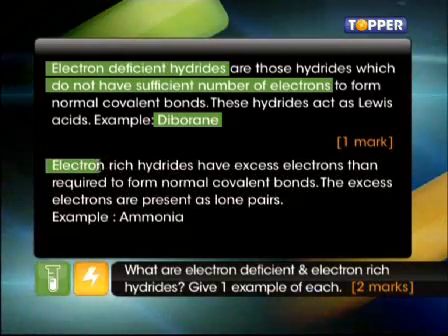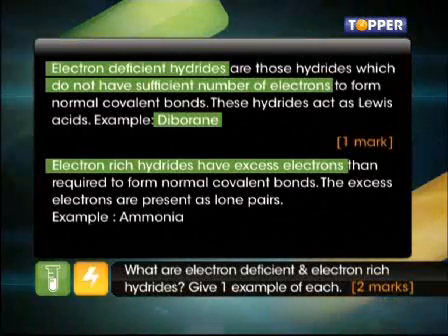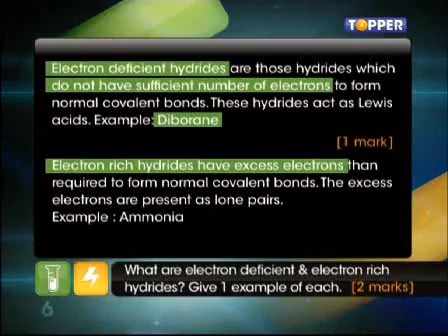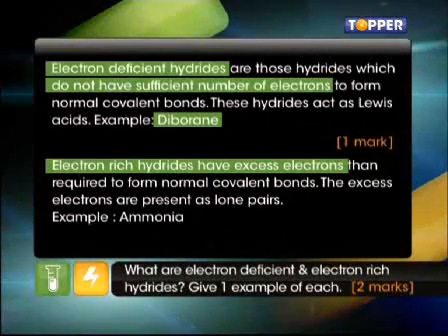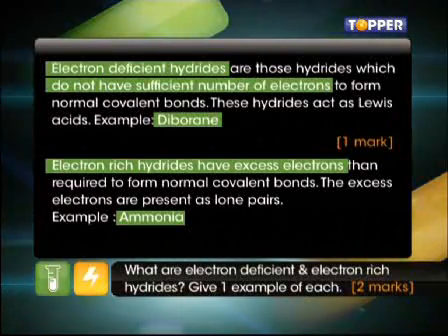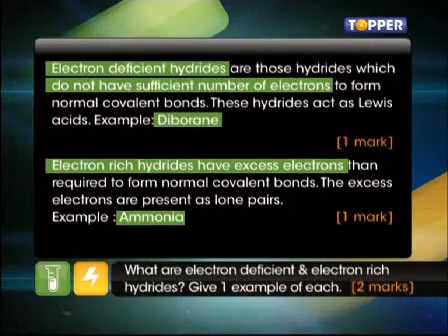As for the electron rich hydrides, they have excess electrons than required to form normal covalent bonds. The excess electrons are present as lone pairs. For example, ammonia. This statement along with correct example will fetch you your final 1 mark.